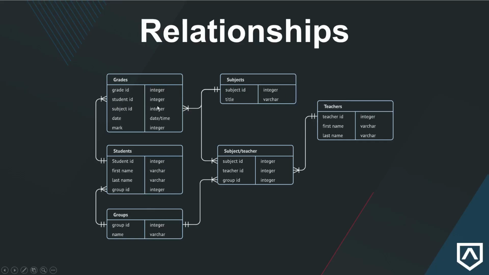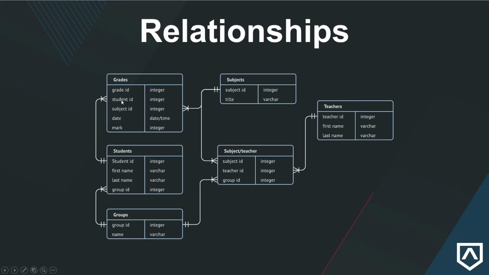So here we have a student. Let's start with a student. A student has his ID, his first name, his last name, and the ID for the group to which he belongs. You notice he doesn't have any grades. There are no references to the student's grades. A grade is a separate entity.